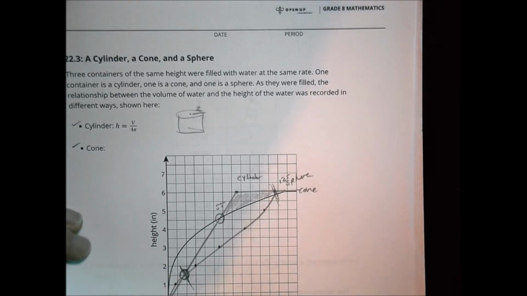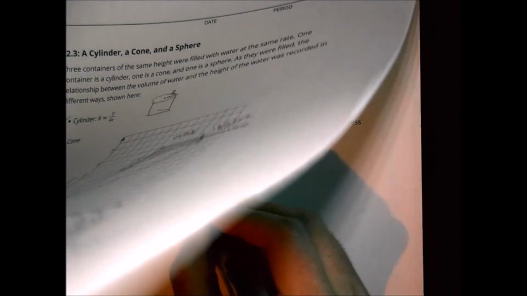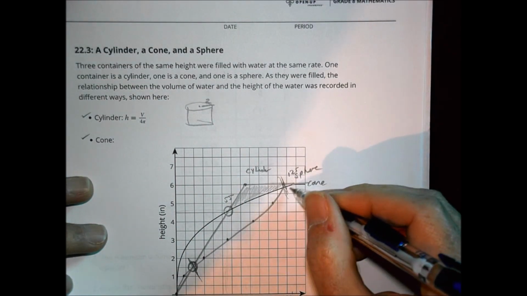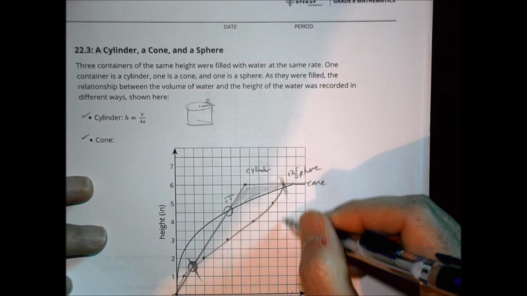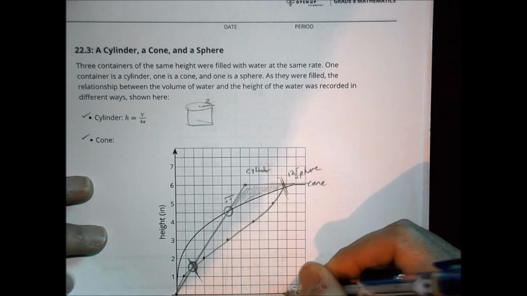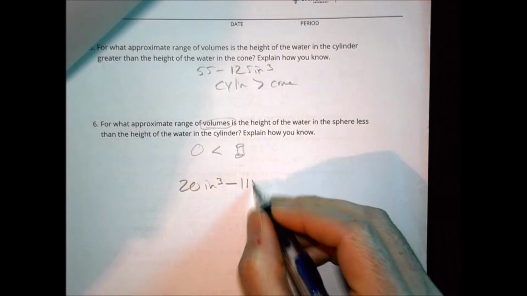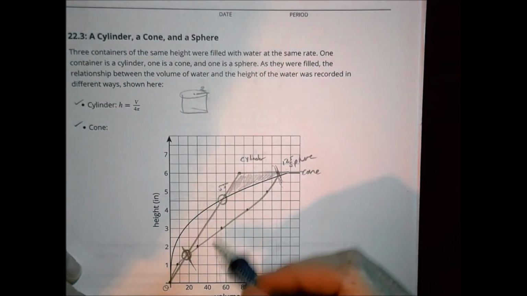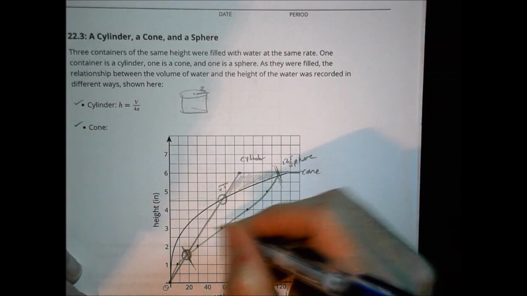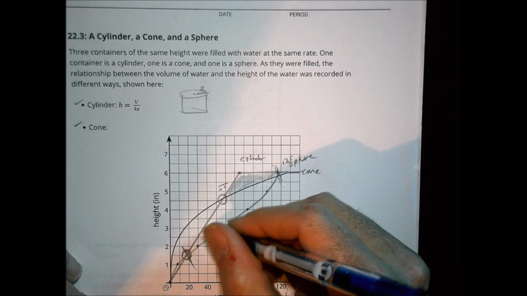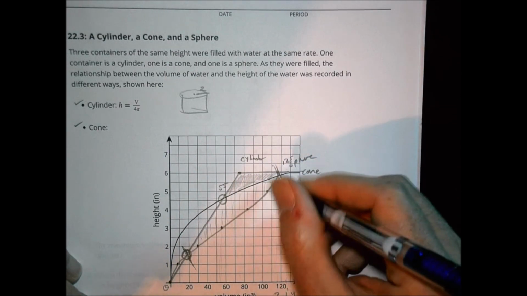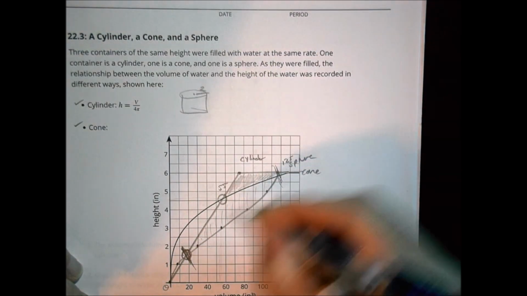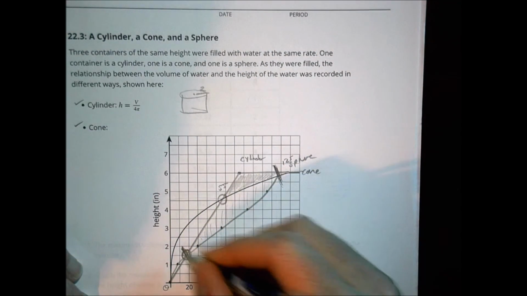So maybe between 20 inches cubed, and then up to this point here where the curve touches, which is going to be 110, about 115 inches cubed, approximately in that range. So this is the space where we are less than the cylinder. From this place to this place is the answer to number 6.